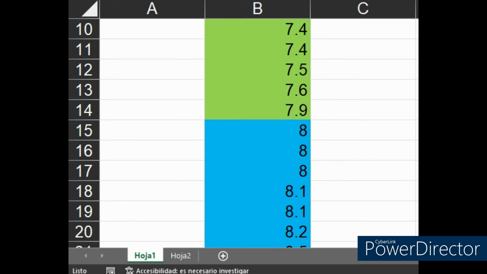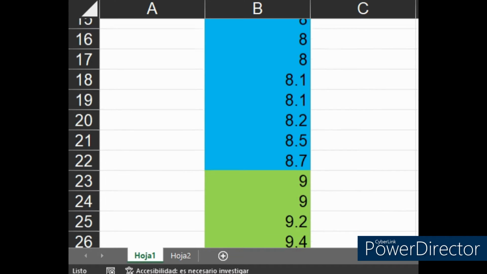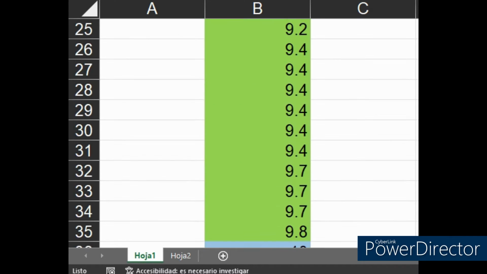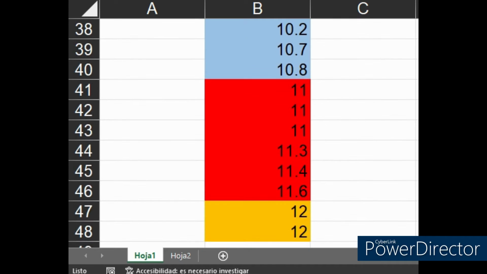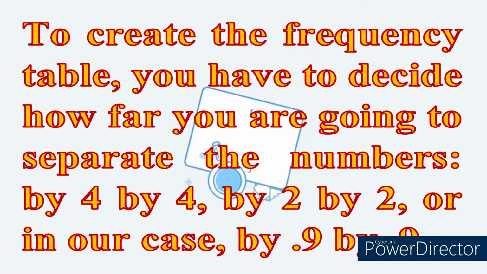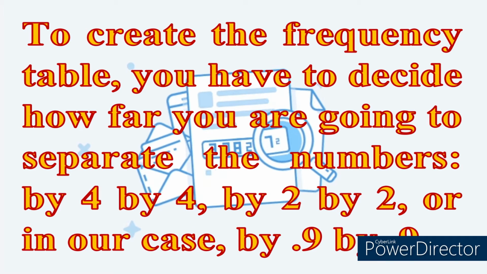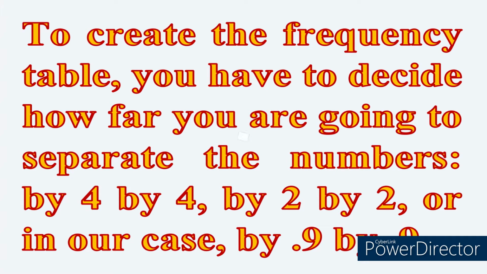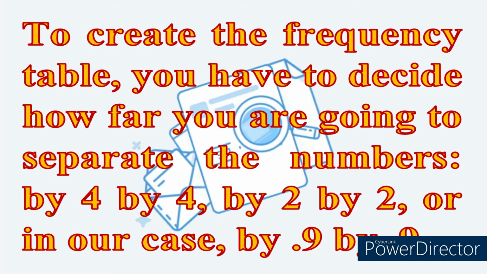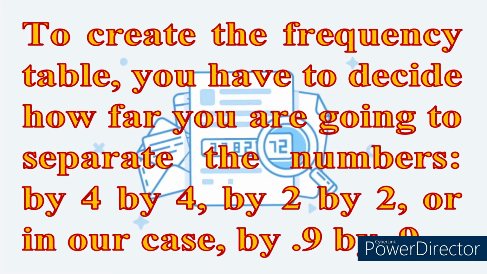First, you have to arrange the measurable variables from the smallest numbers to the largest. You can use the help of Excel or, in your case, your hand. To create the frequency table, you have to decide how far you are going to separate the numbers: by 4, by 2, in our case by 9.